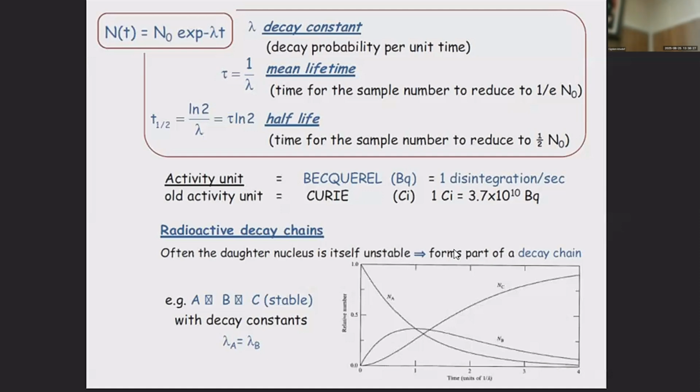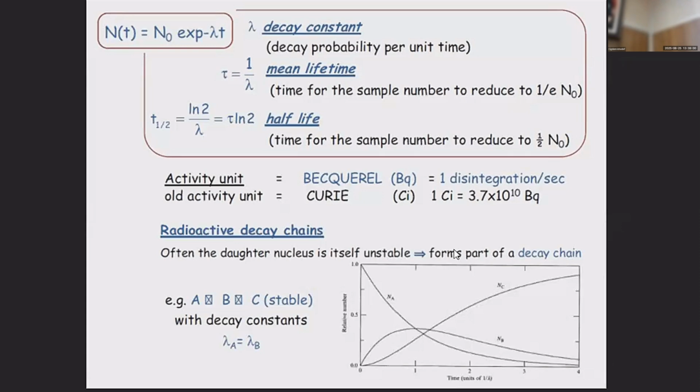Activity is mostly measured in Becquerel. In the old activity unit, Curie, there is a connection between these two units. Now, of course, depending on the branches like radiotherapy or other branches, we also use different units. We developed different units like Gray or Sievert and others to describe the amount of dose absorbed.